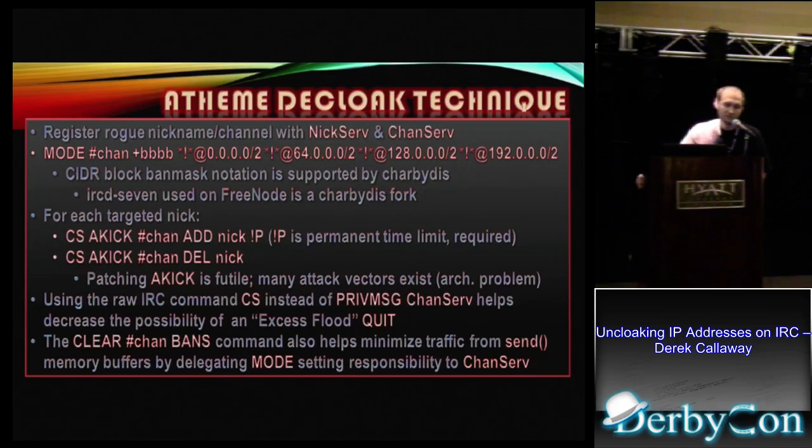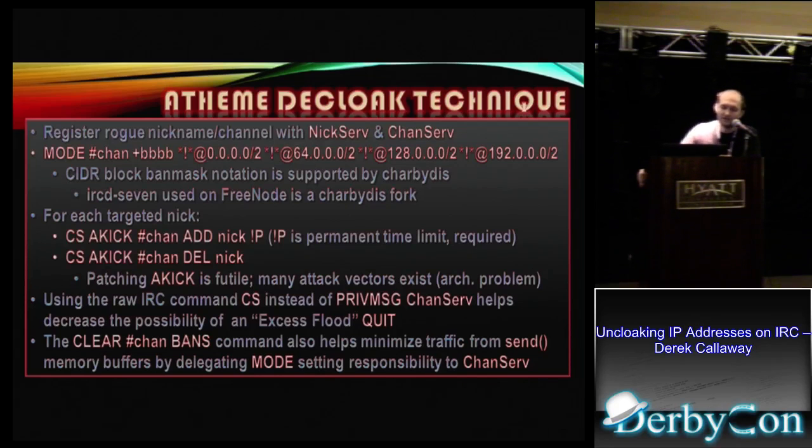And since this works against Charybdis, it also works against Freenode, which is the biggest IRC network out there. And so after that, you only need four ban masks to accomplish this, sometimes even less.